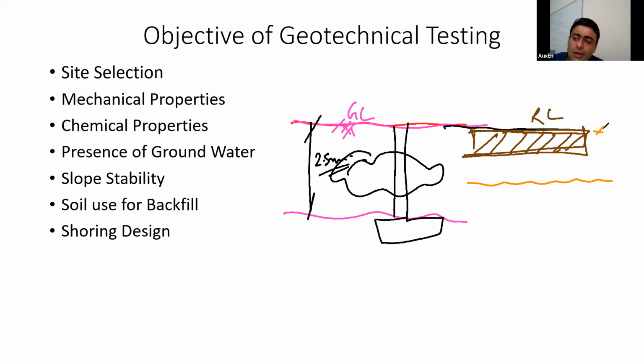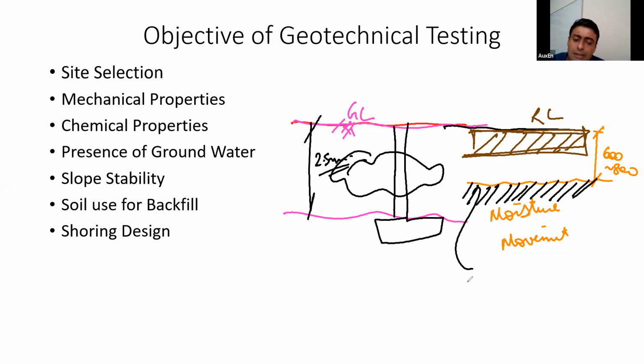Why this 600 to 800 mm layer? Because this is where your moisture movement takes place. Moisture movement means shrinkage and swelling is most seen in this top 600 to 800 mm layer. So you remove this layer and then you do stabilization of this soil. This soil you stabilize typically by some lime solution.